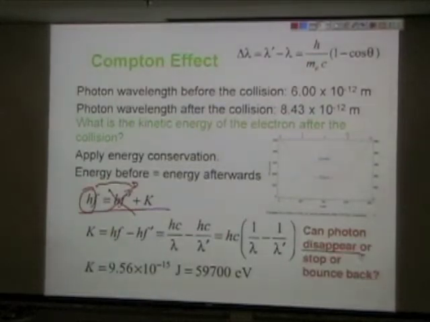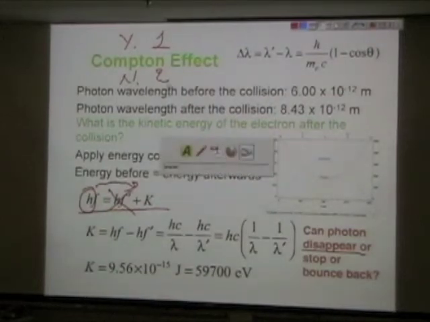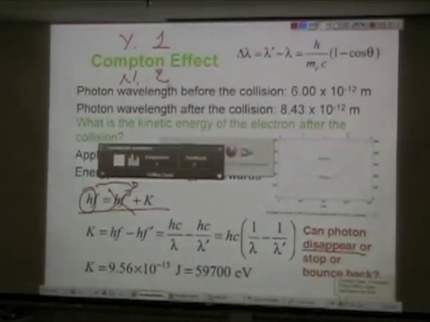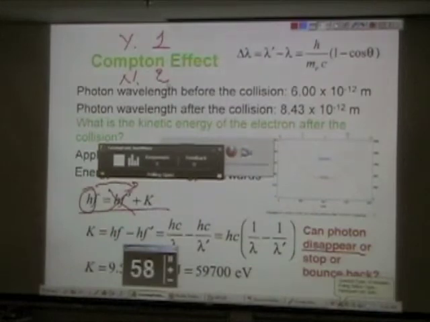So can a photon disappear during the collision? If you think yes, it can disappear, it can transfer all the energy to an electron, you can press 1. If you think it's impossible, you can press 2. Just make up your mind and tell me what you think.